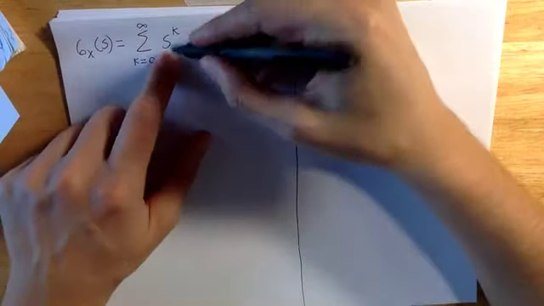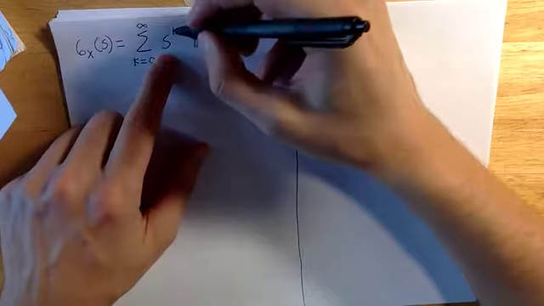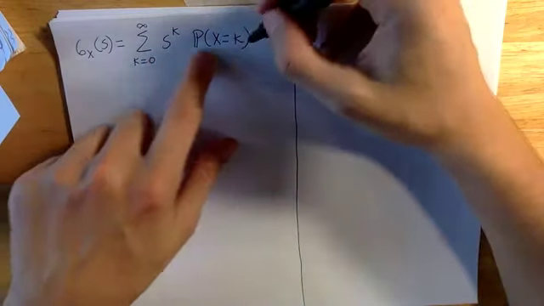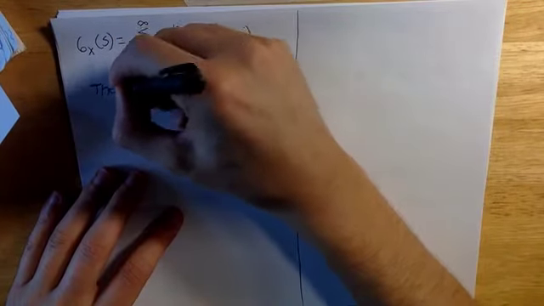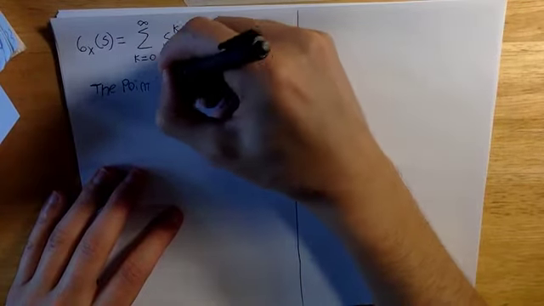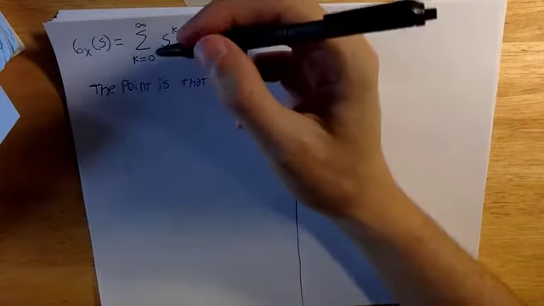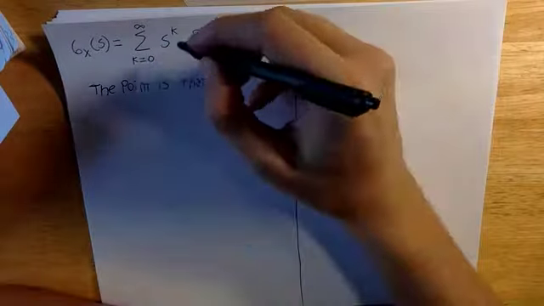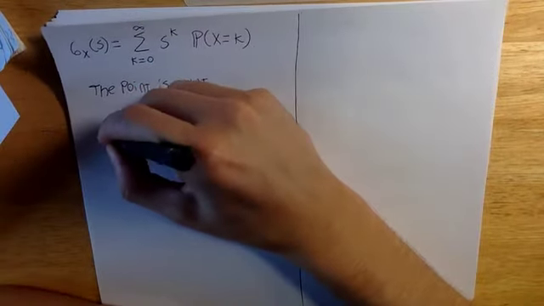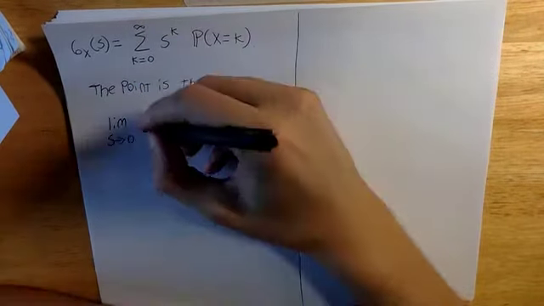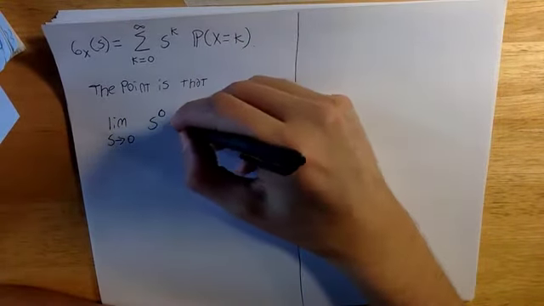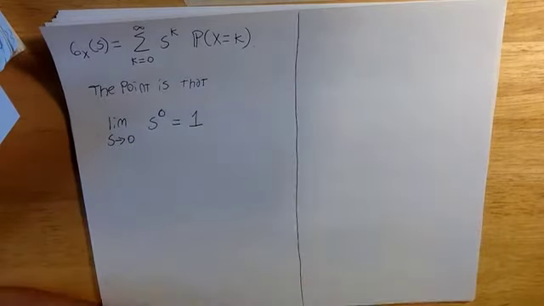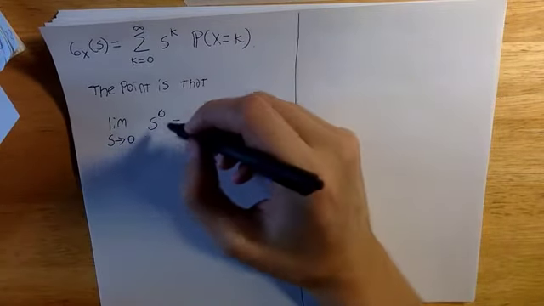But now, if we take s equals 0, so if we take k equals 0, so the point is that if we take the limit when s goes to 0 of s to the 0, this is equal to 1, because this is equal to 1 for every s positive.